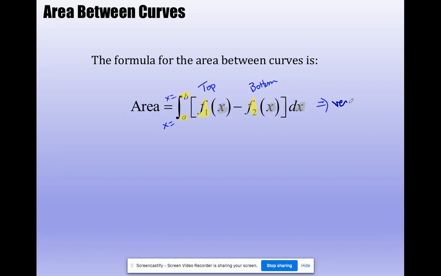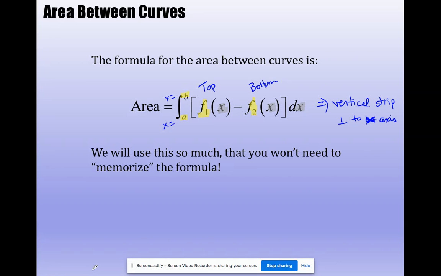Which means you drew a vertical strip, perpendicular to the x-axis. That's when you use this formula. So again, foreshadowing. There's another formula to come, so leave some space in your notes.